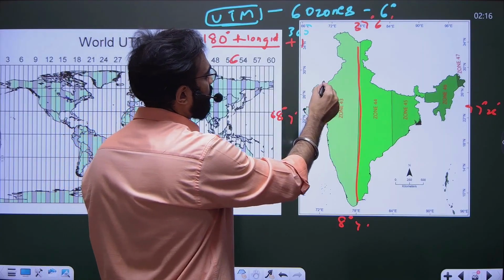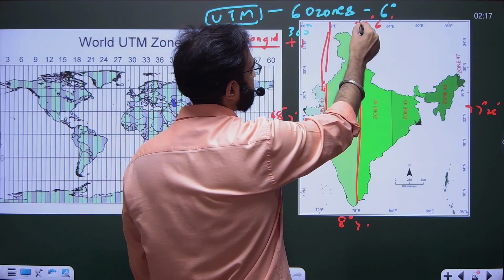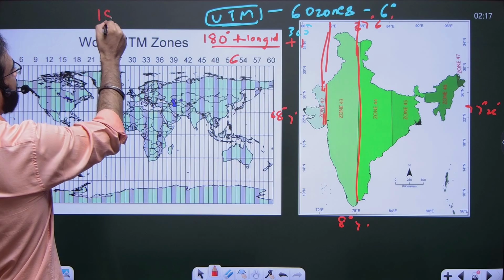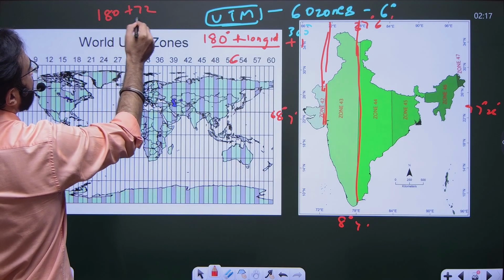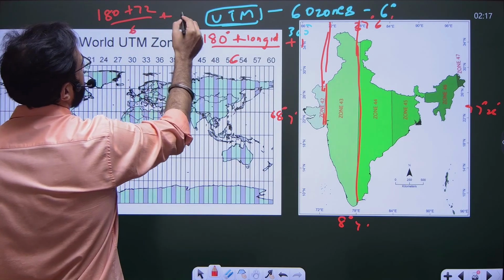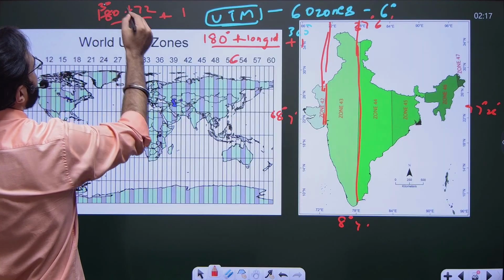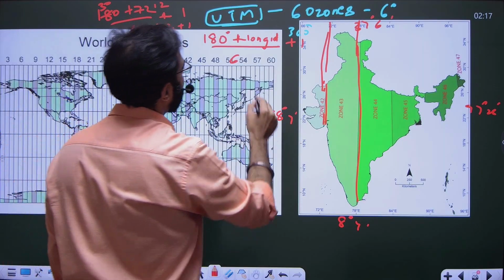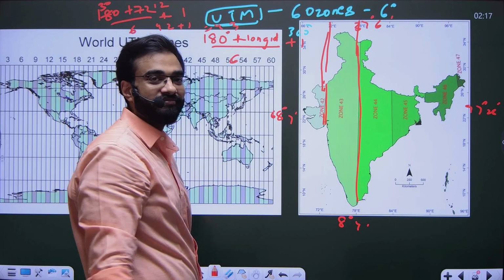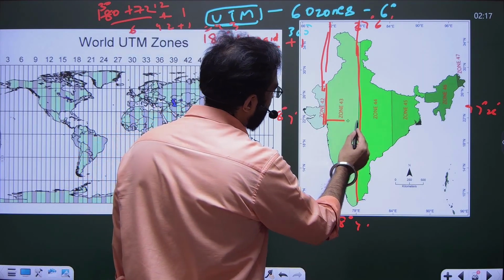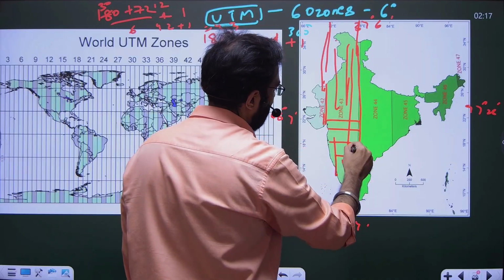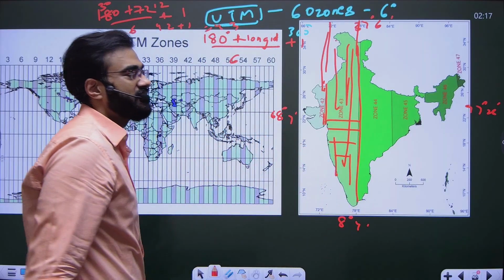This corresponds to 72 degrees east, this corresponds to 78. If I put it in the formula, 180 plus 72 is 252, divided by 6 is 42, plus 1, I get 43. So all the places lying in this light green zone belong to UTM zone 43.